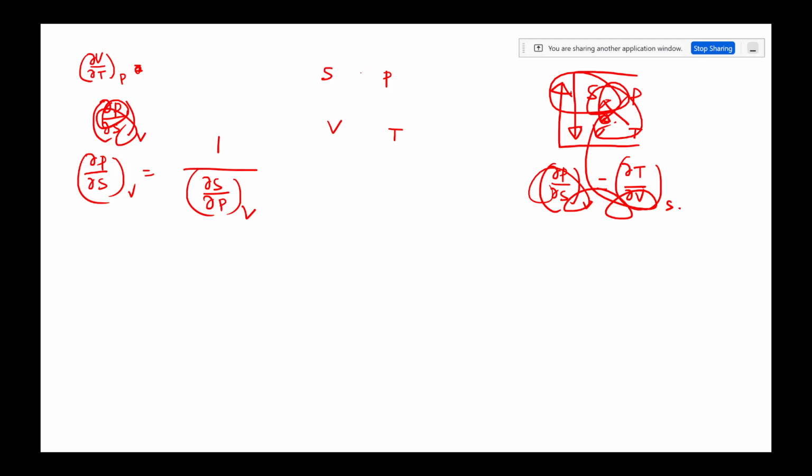So PSV will be TVS, VTS. VTS is PT. CV minus CP is del P del T.